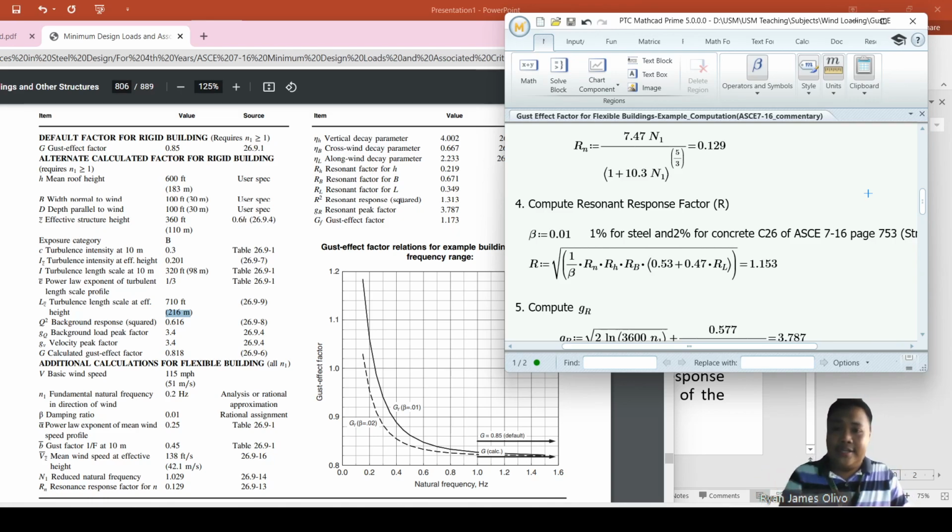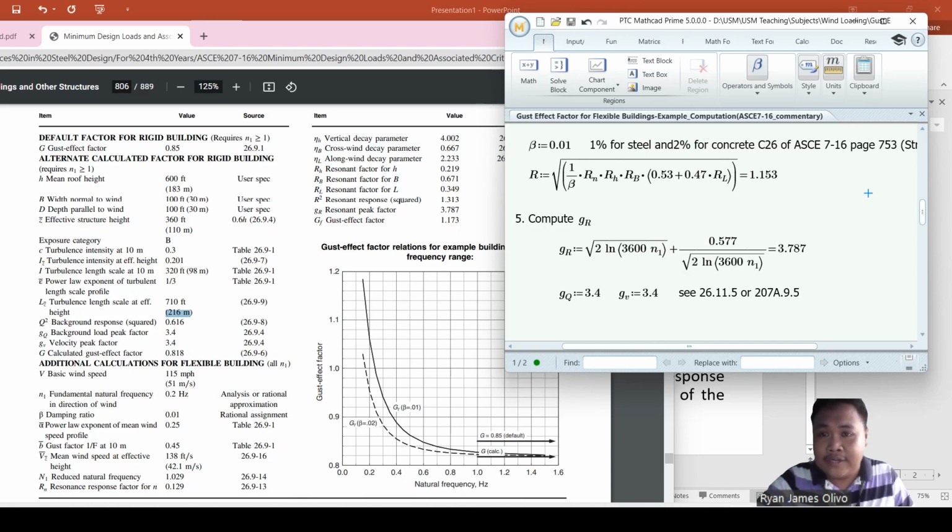It is very important because wind is a dynamic load. When the natural frequency of the wind matches the natural frequency of the structure, it creates resonance, and that is why the Tacoma Bridge collapsed. You can watch that video on YouTube. Just search for the Tacoma Bridge collapse.